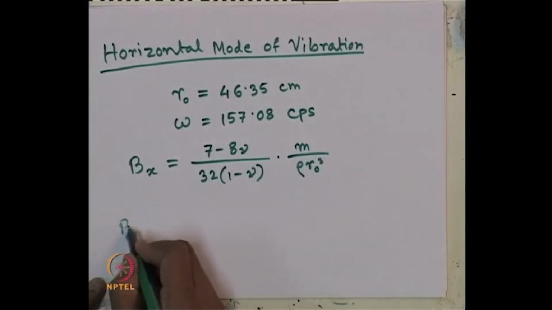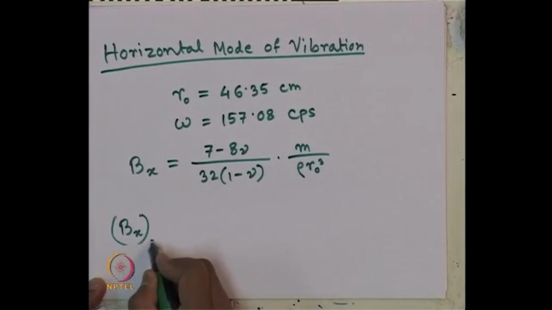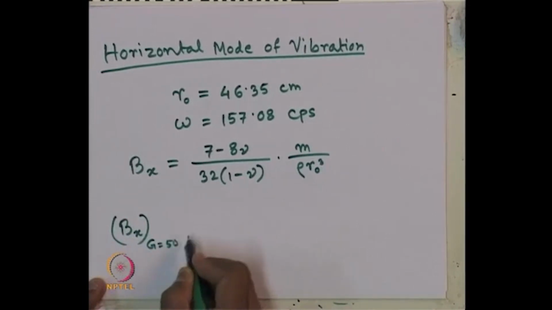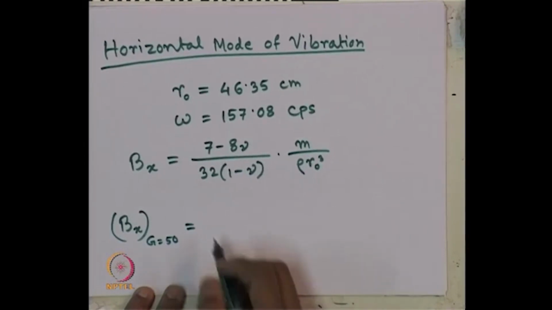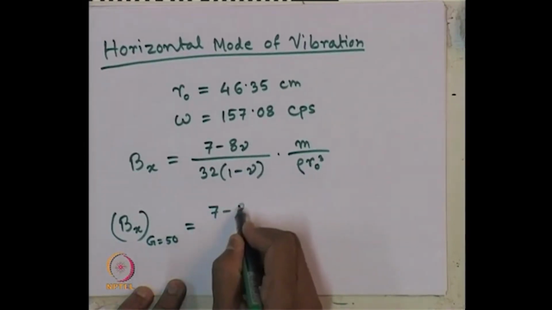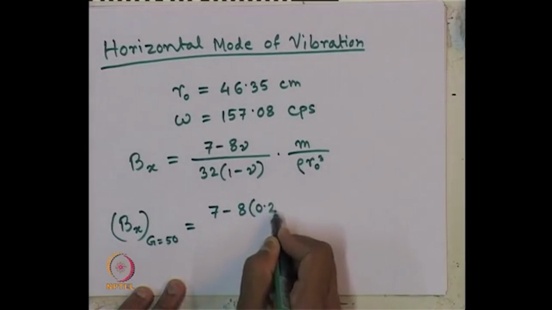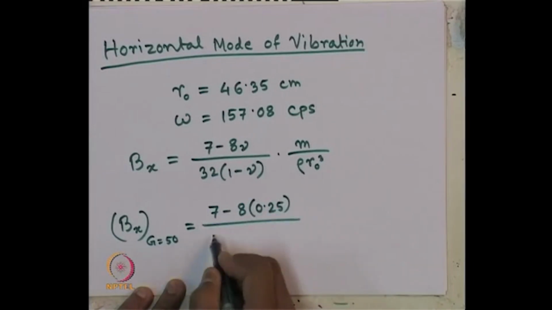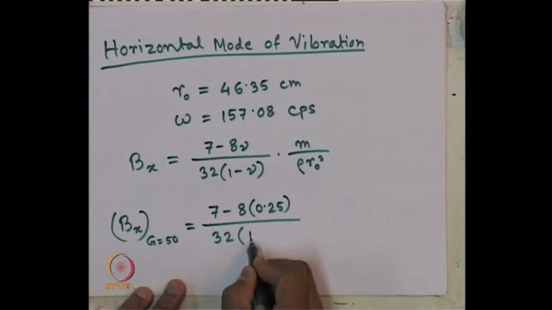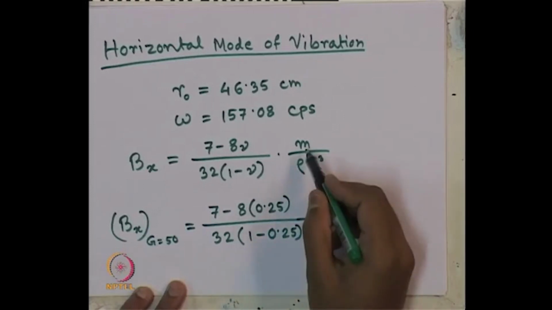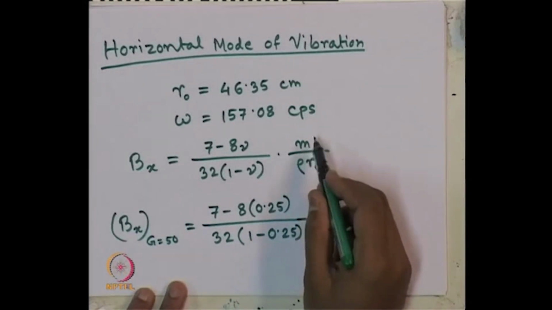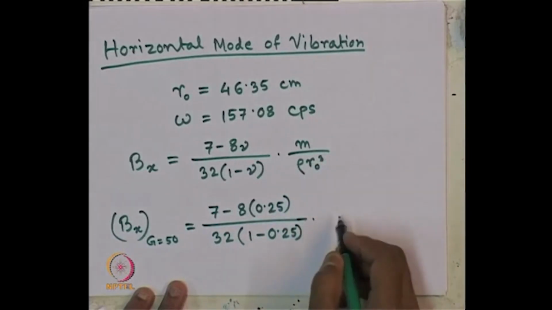So, for the first type of soil, B x with g equals to 50 kg per centimeter square, how much will be the value of B x? 7 minus 8 into mu, 0.25 Poisson's ratio, by 32 into 1 minus 0.25, and m by rho we can write as W by gamma, no problem.